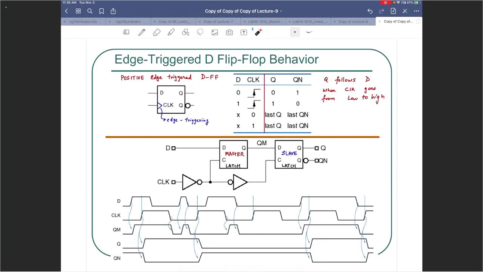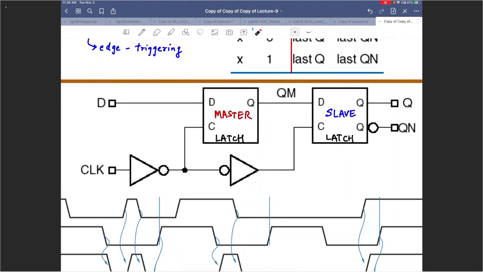The claim is this: if both components, the master and the slave, are latches or level sensitive devices, and I connect them in a back-to-back configuration with a clock input that gets complemented once for the master and complemented twice for the slave, which means that they are each responding to a different level of the clock, then I get edge sensitive behavior.